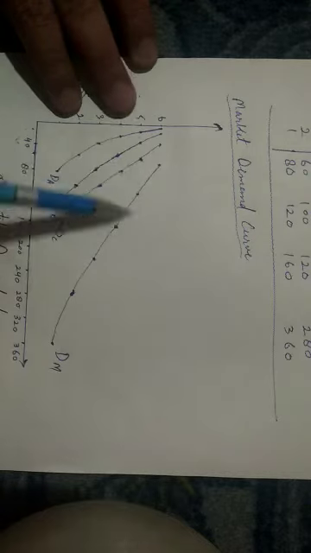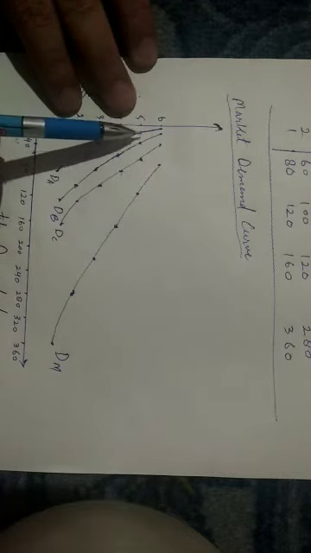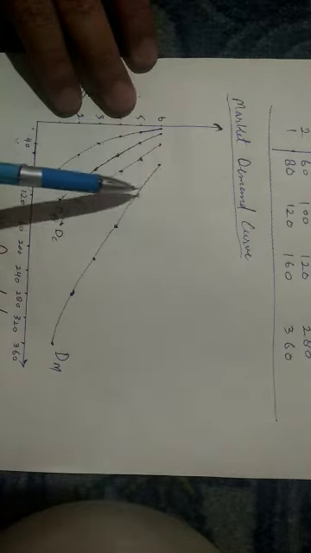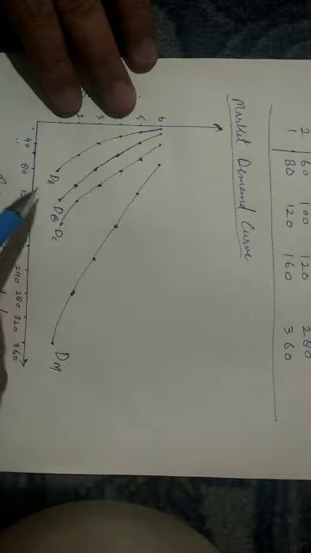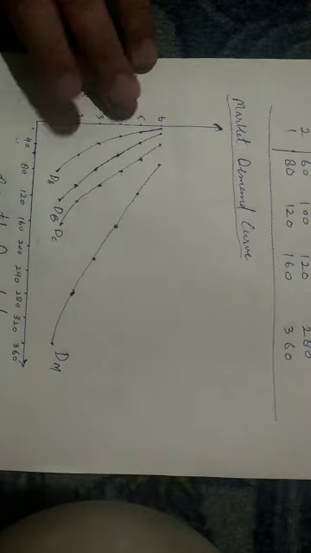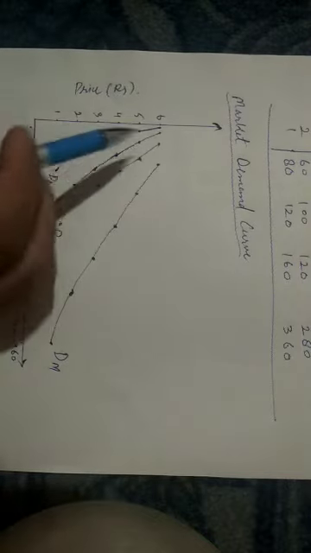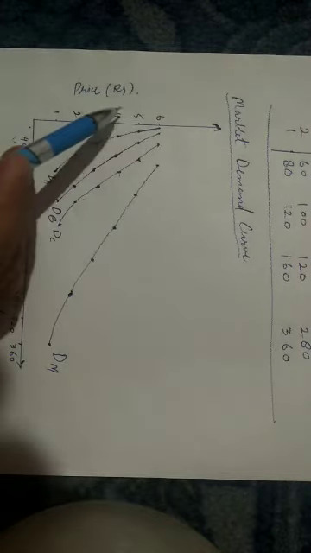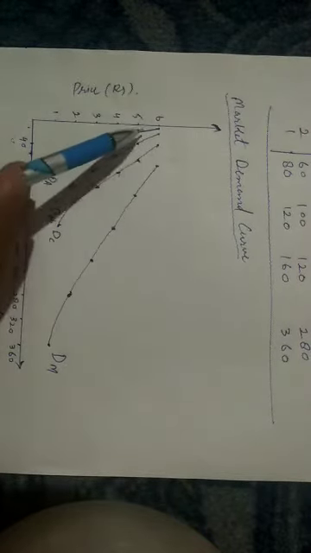What is the market demand at that time? 20 plus 40 plus 60, that's 120. That is 120 market demand. See, as soon as price goes down, the demand increases. A's demand increases, B's demand increases, C's demand increases, and market demand also increases.